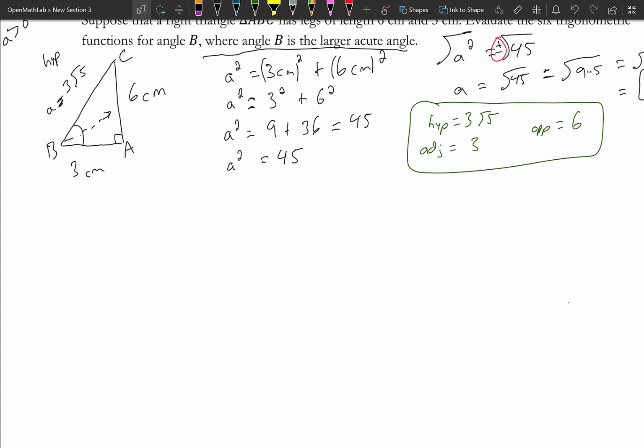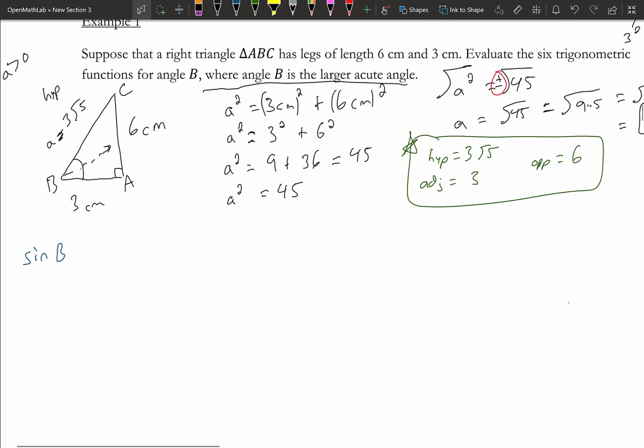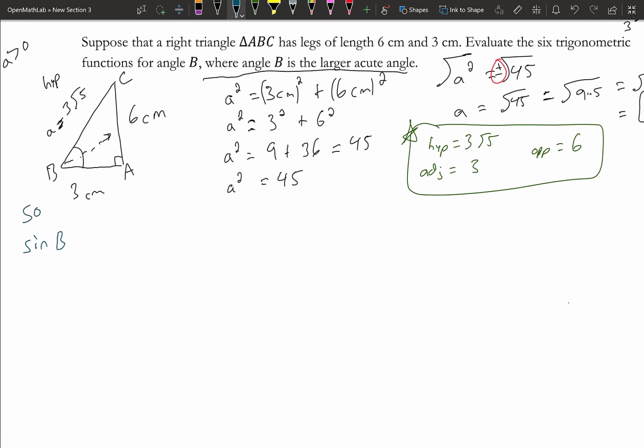With this key, we can fill in all of the 6 trig ratios. So I want to find sine of B. If it's helpful, we can write SOHCAHTOA. So sine of B is equal to the opposite over the hypotenuse. The opposite is 6, the hypotenuse is 3 radical 5. This will simplify: 6 divided by 3 is 2, so this would be 2 over radical 5.